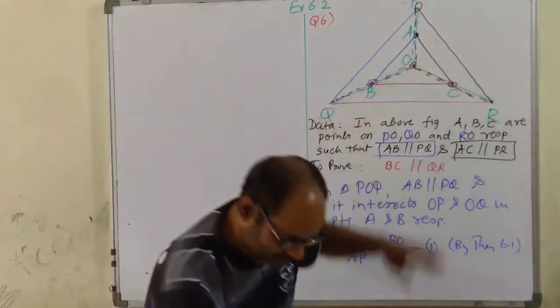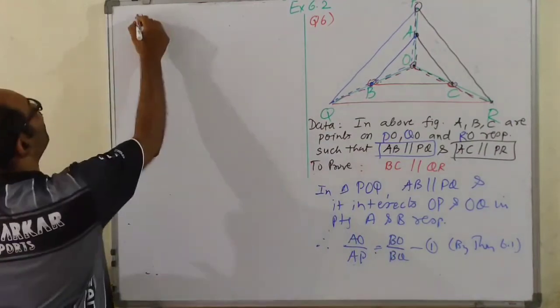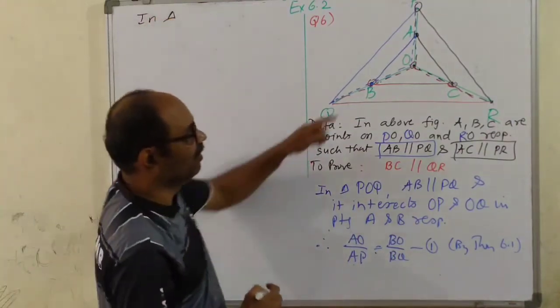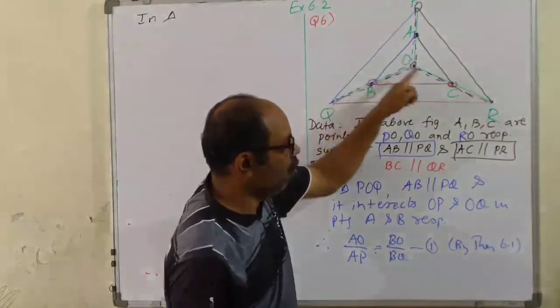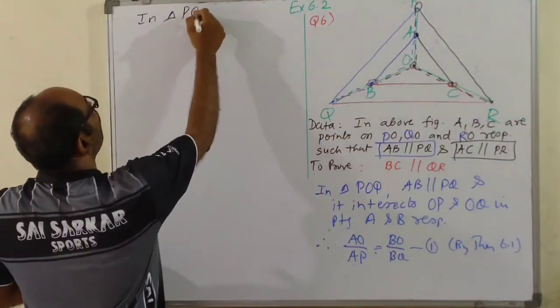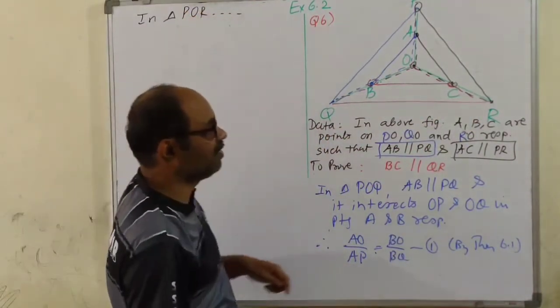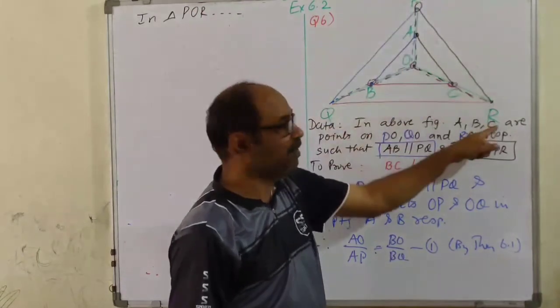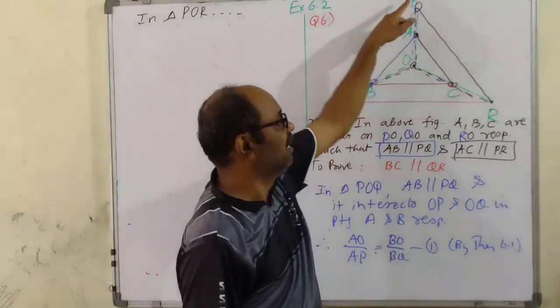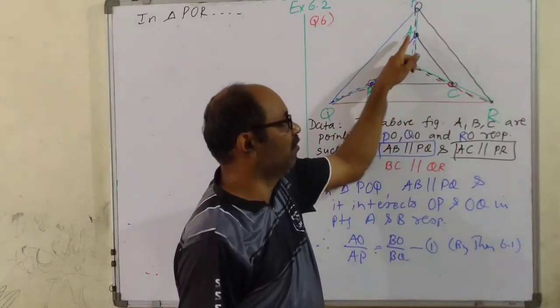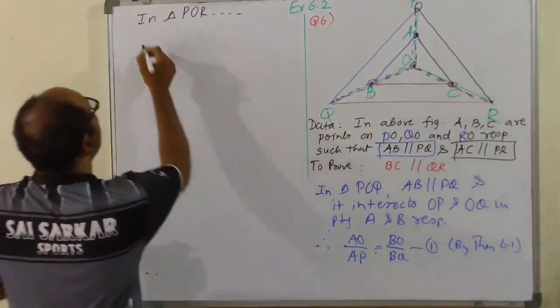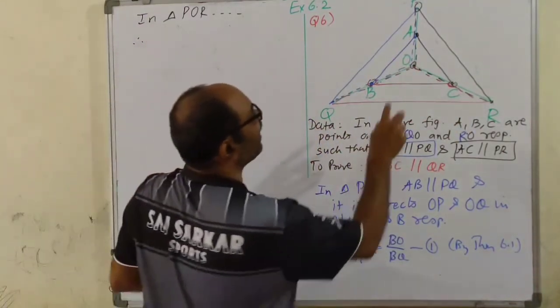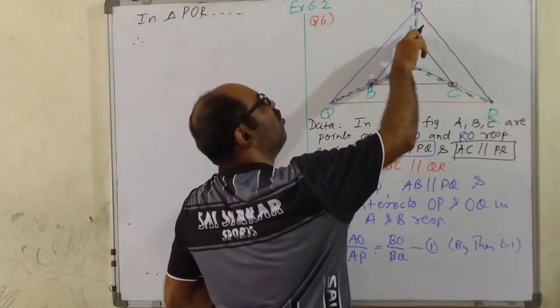Alright. Now I pick up the black triangle. In triangle POR, AC is parallel to PR and it intersects OP and OR respectively in points A and C. Therefore, what you are getting? Same, I am going to pick up same.